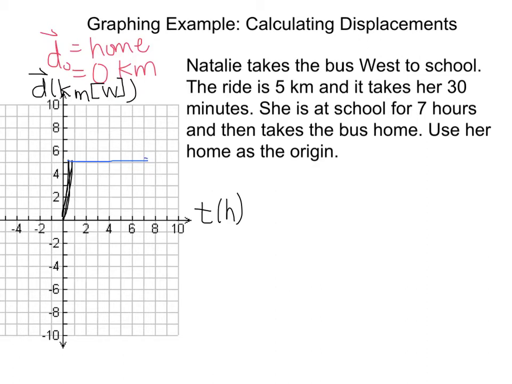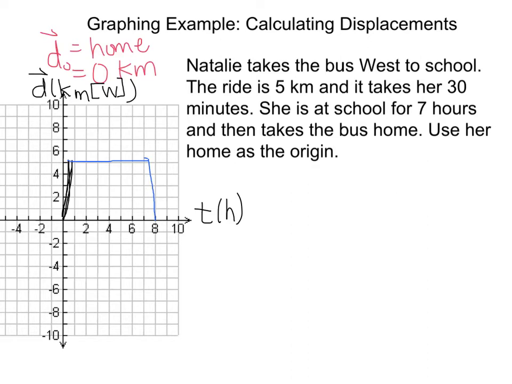So her position is staying the same. She's at school that whole time, and then she heads home, and home is east, so we're going to be going downward because she's going back towards home, and we know home is position 0.